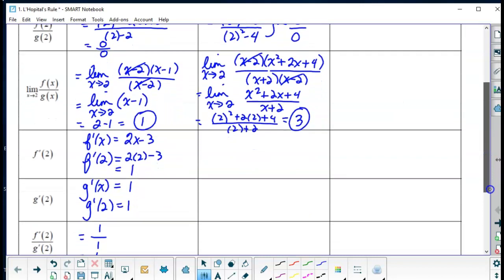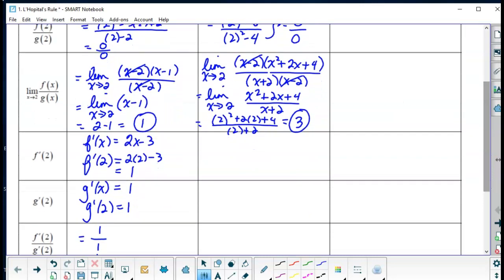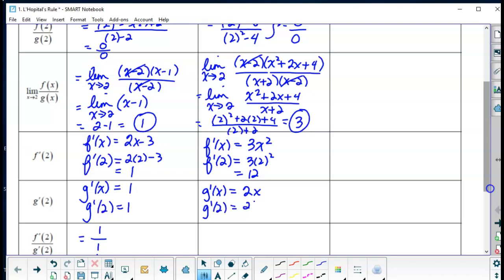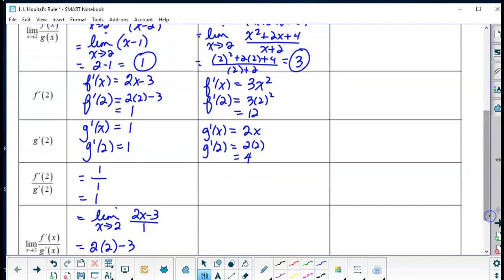Okay. Now, f prime of 2, so let's find f prime of x. It's going to be 3x squared. So f prime of 2 is going to be 3 times 2 squared, which is 12. Then g prime of x is going to be 2x. G prime of 2 is 2 times 2, which is 4. Now we'll do the ratio.